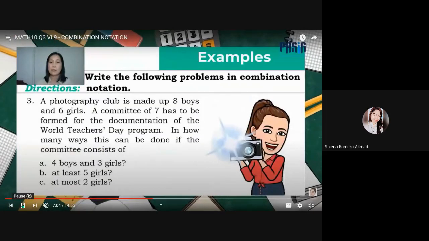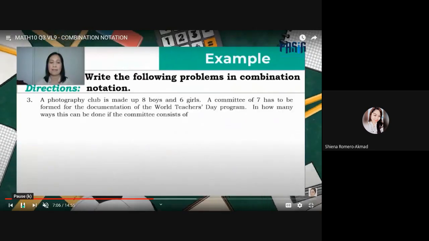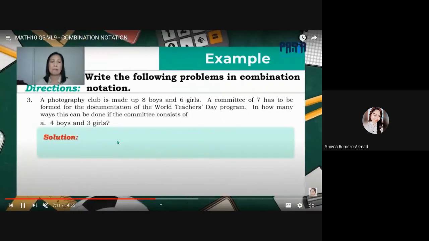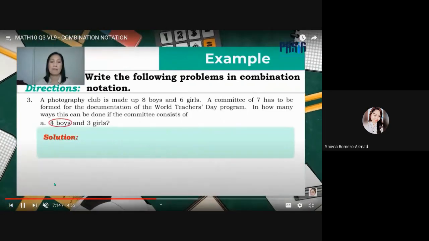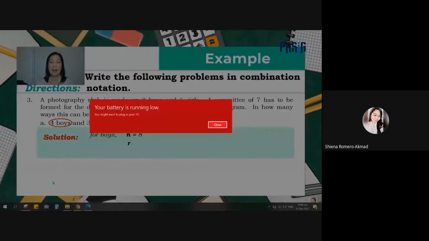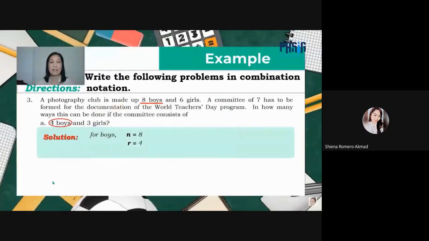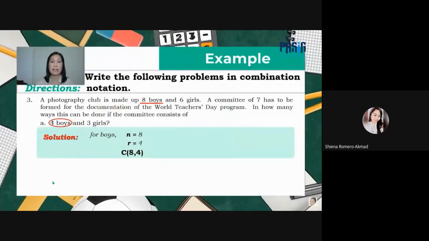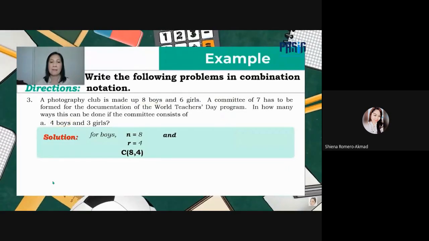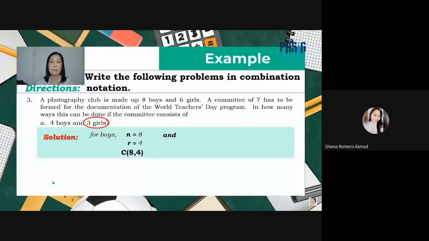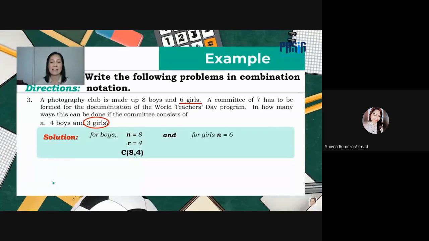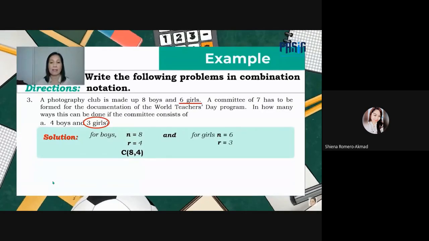So yung literacy niya dito, at most 2 girls lang. So kapag 4 na lalaki, we'll have 4 boys out of 8. And kapag 3 girls naman, out of 6, we'll have n equals 6 and r equals 3.